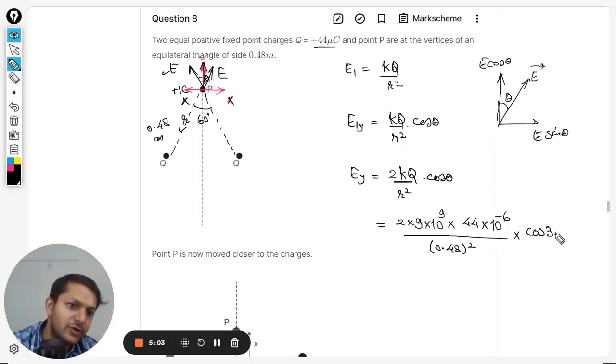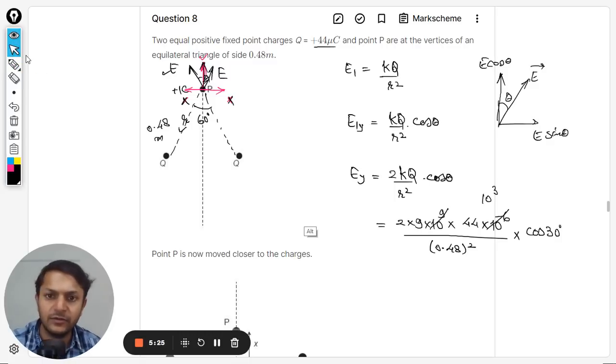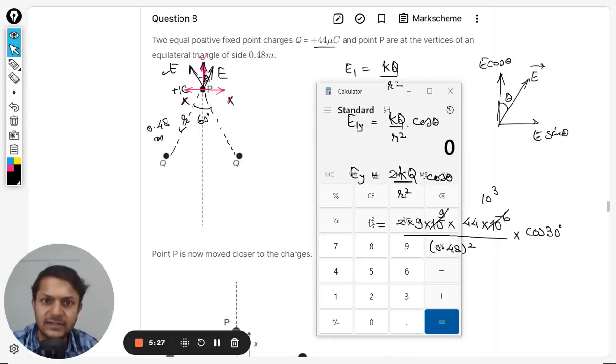So it will be cos 30 degree. We have plugged in these values. We have to now calculate it with the help of a calculator. And let me use my calculator now. So it will be 18. I am having my calculator here on the screen only, I think. Yes.